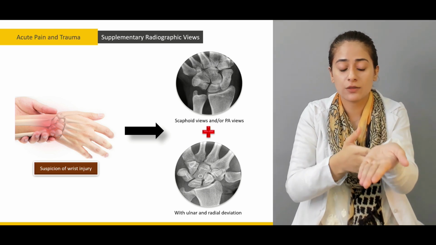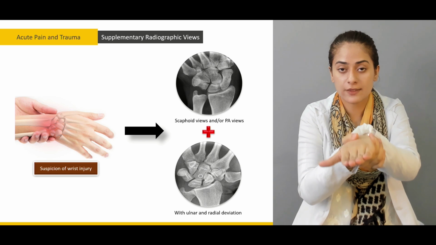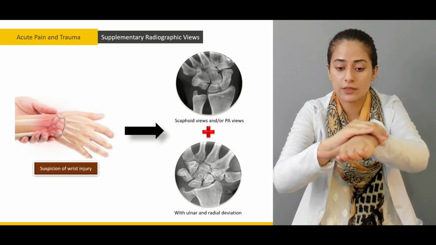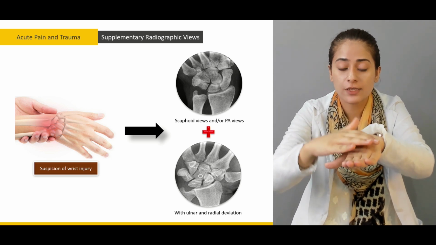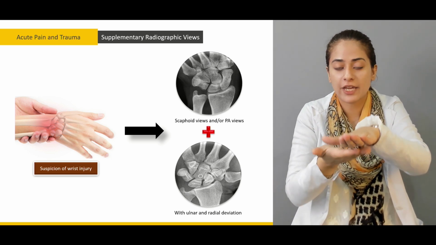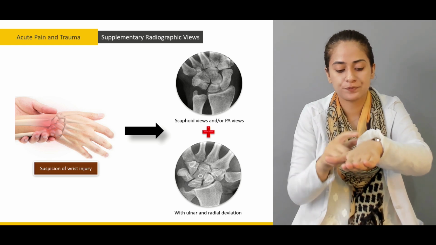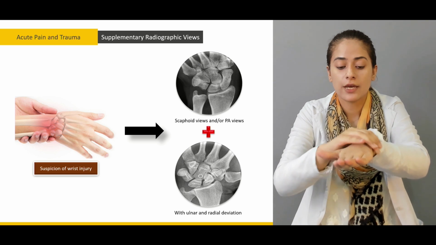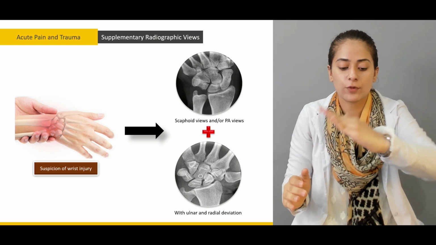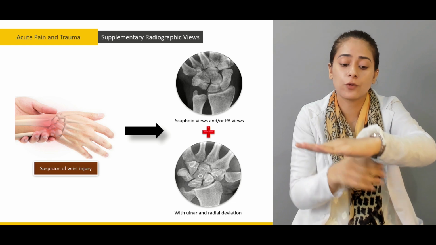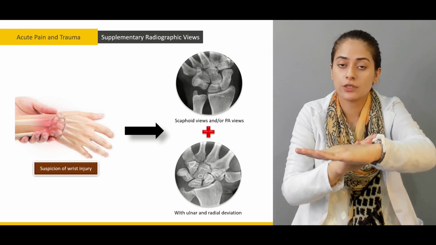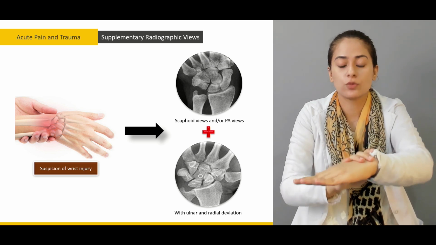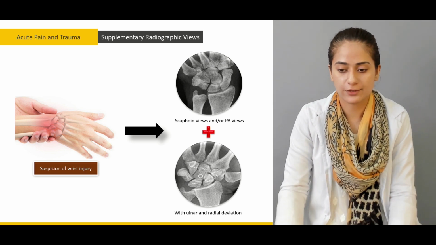And in this medial deviation, if I place it like this in a PA position, for a PA view, I place it with my posterior surface towards the X-ray and my anterior surface towards the bucky. So this is the placement for an ulnar deviation PA view. And when I do it like this, this is the placement for a radial deviation or the lateral deviation PA view for an X-ray.